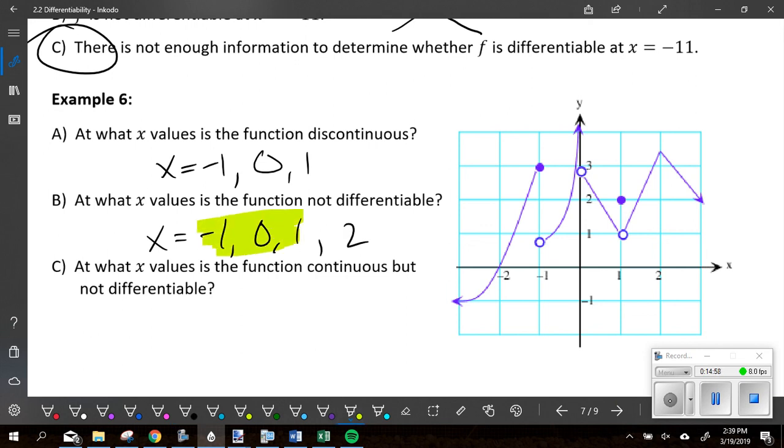Why could you include negative 1, 0, and 1? If they're not continuous, it's guaranteed that they're not differentiable. And then why did you include 2? Corner. At 2, it's a corner point. So cool, done. At what x values is the thing continuous but not differentiable? Obviously 2. It's the one that's left out. Everybody good with those concepts?